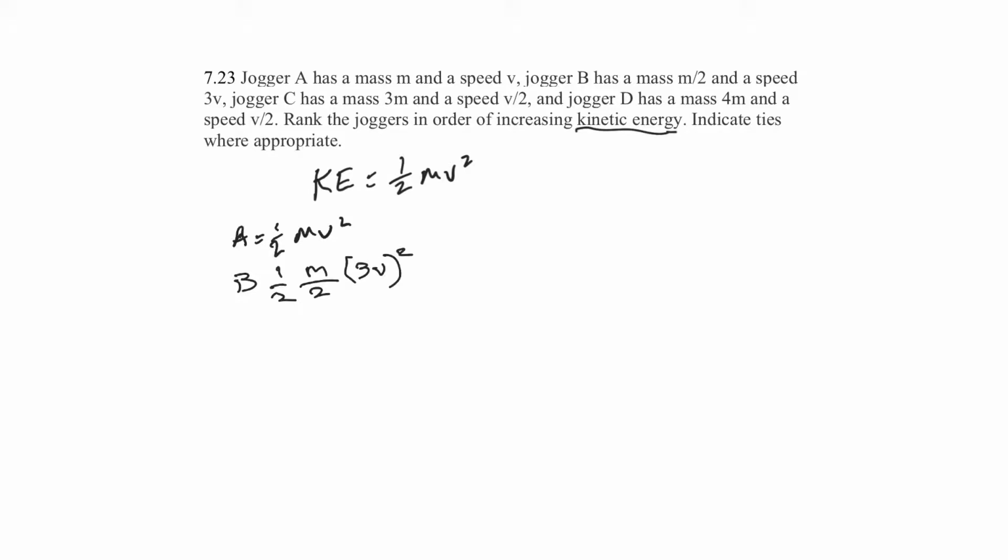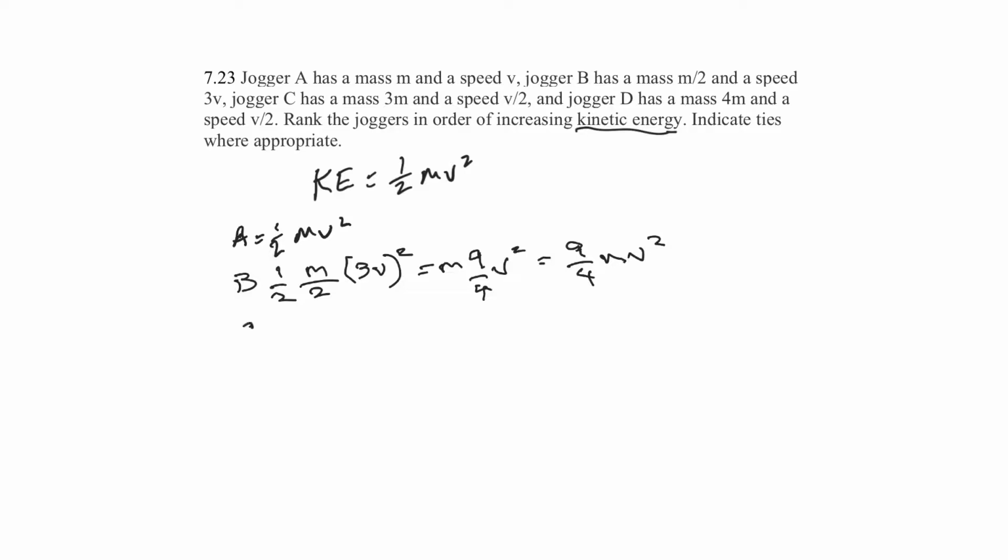This is going to be m over 4, and then 3 squared is 9 over 4 times v squared. So it's m times 9/4 v squared, or 9/4 mv squared. So for A you have 1/2 mv squared, and for B you have 9/4 mv squared.